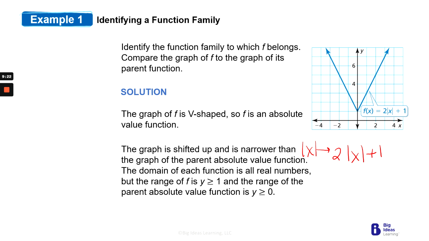Okay, so it is an absolute value. It's shifted up 1, and it's a more narrow V shape. Our domain did not change, but my range did. That's how we compare. When we compare, we do the common, what's the same, what's different.